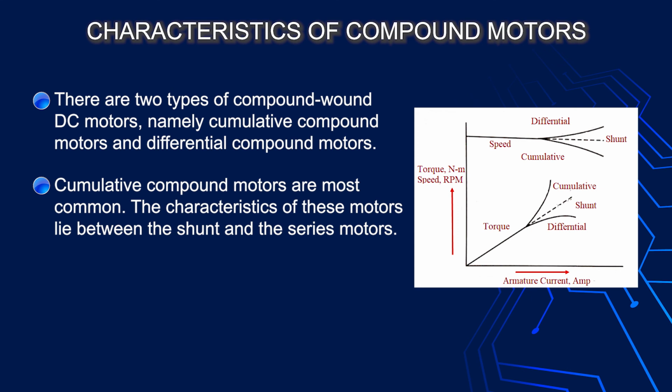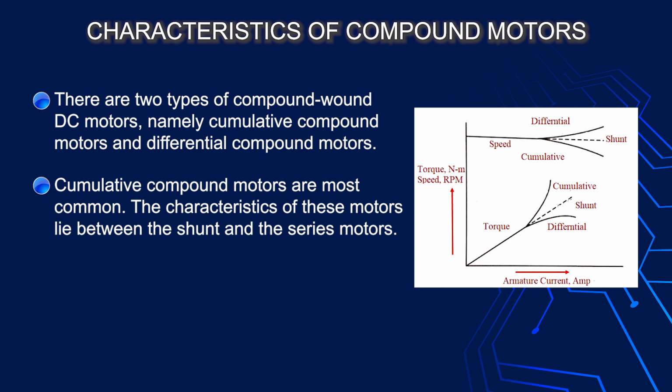If we discuss the torque armature current characteristic for cumulative and differential compound motor, you can see in the figure that in case of cumulative compound motor, torque increases as the armature current increases, but in case of differential compound motor, torque decreases after some point when armature current is increased.